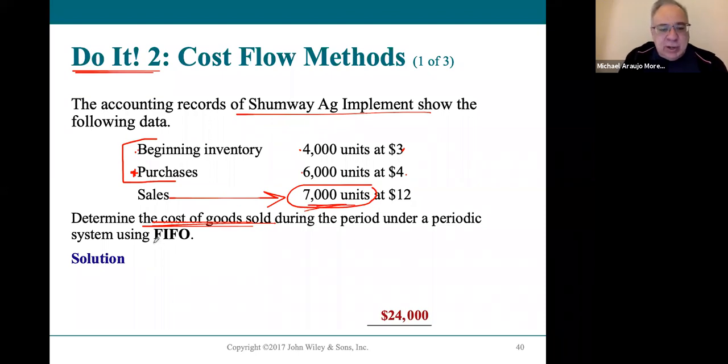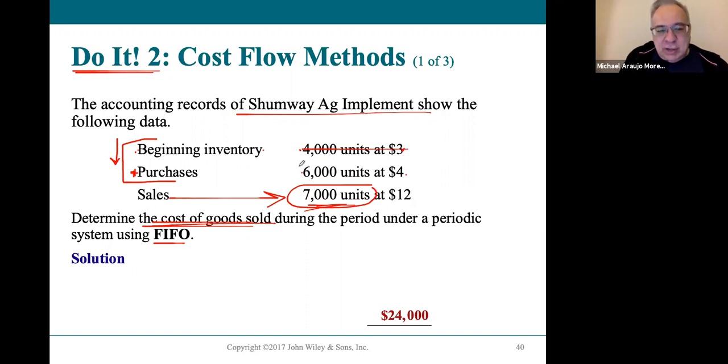Okay. So FIFO means first in, first out. It's a very short list to choose from, beginning inventory and purchases. The first ones on the list are these 4,000. All of these 4,000 units were part of this sale, so you can say goodbye to those and the $12,000 that it cost you.